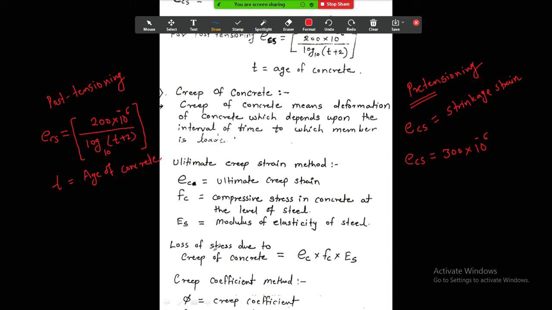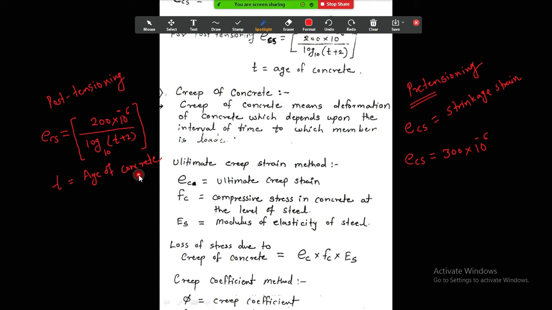So by using these two formulas, depending upon the problem given, if you are calculating the shrinkage strain for pre-tensioning, the formula is 300 into 10 raised to minus 6, and for post-tensioning you use the other formula, where all other terms are constant and only t is the age of concrete.